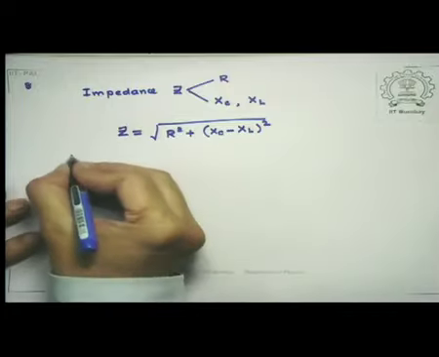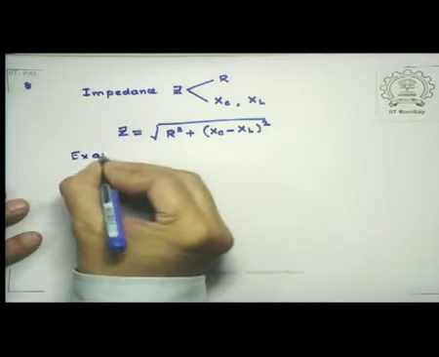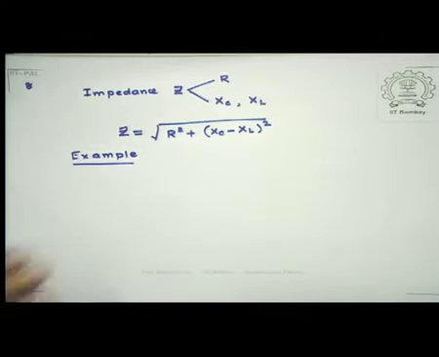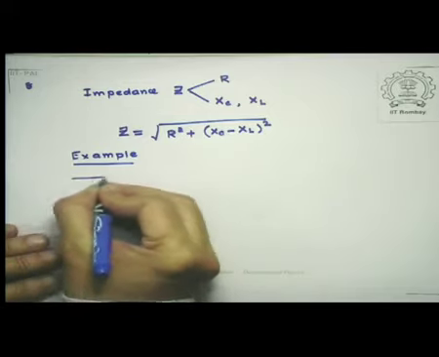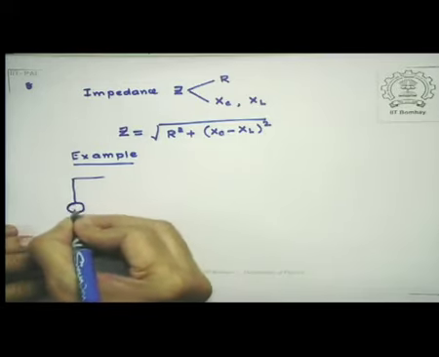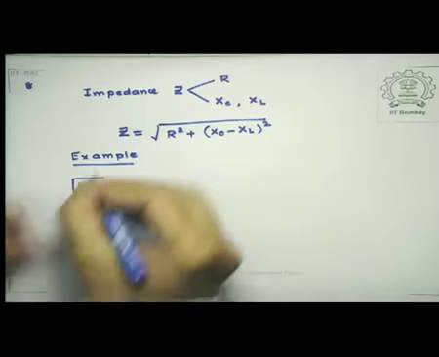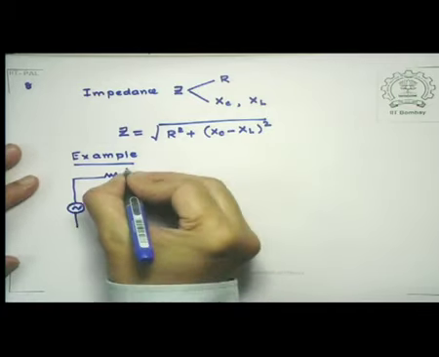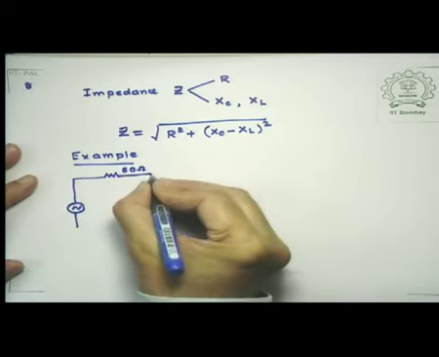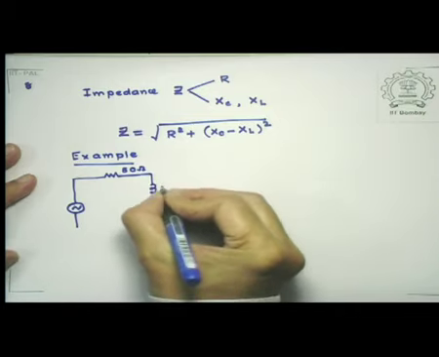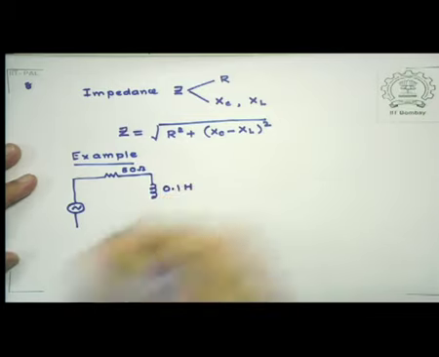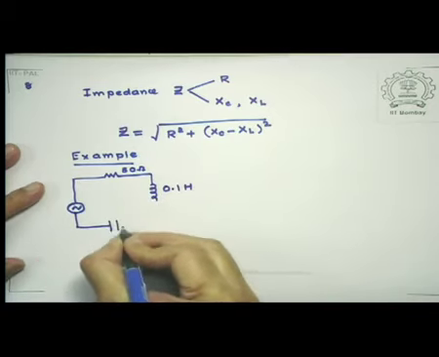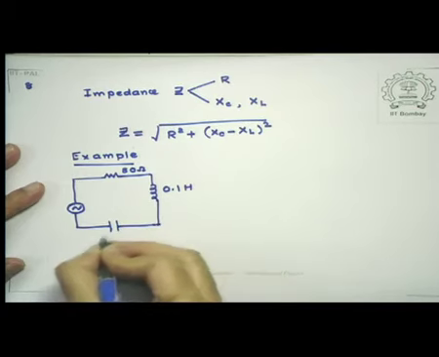So let me consider a numerical example. Let me consider an LCR circuit. Supposing this is an 80 ohm resistance, I have a 0.1 Henry inductance, and a 25 microfarad capacitance.